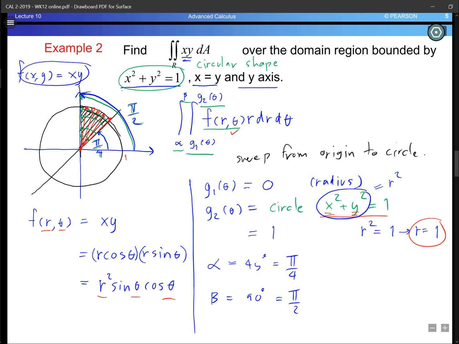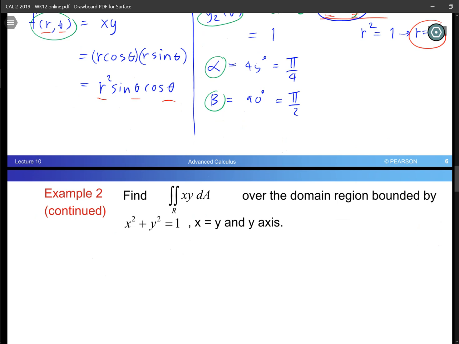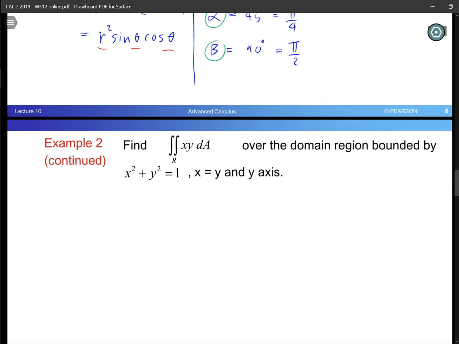Once we have all these terms, function surface, inner function, outer function, alpha and beta, we can start doing the integration. Okay, I have some space here. So let's do the integration. Double integration, just like before. Function surface, here we have r squared sine theta cosine theta.